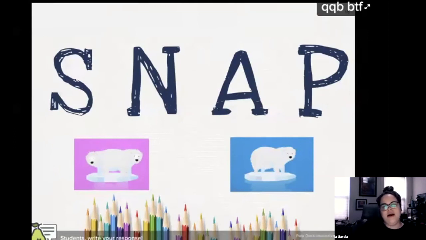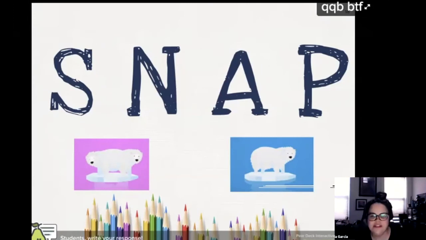I'm going to give you guys about 30 seconds to think about it. You can type your answer in the Pear Deck. I don't expect very many people, if any, to get this. Maybe don't think about the word snap itself, but maybe the letters that make up the word. So this is going to help us with molecular polarity.